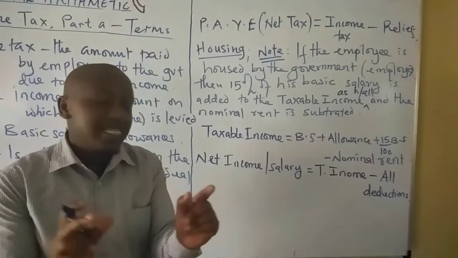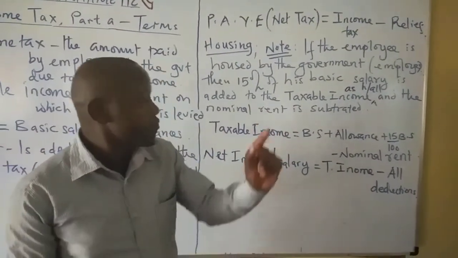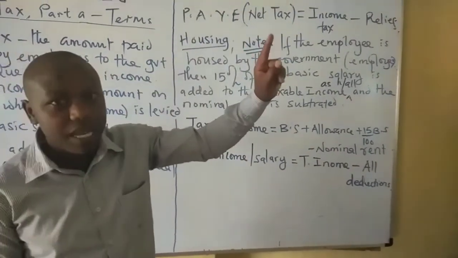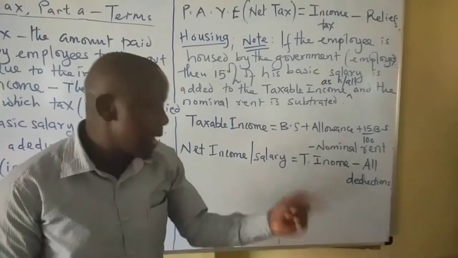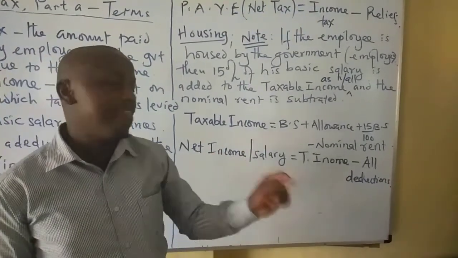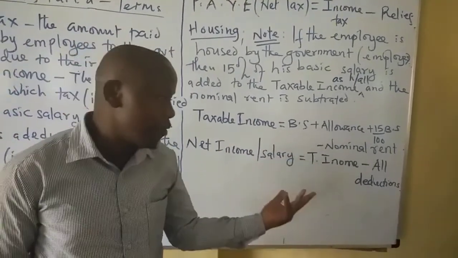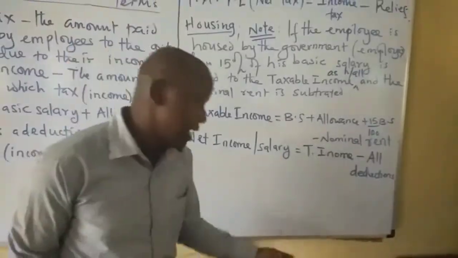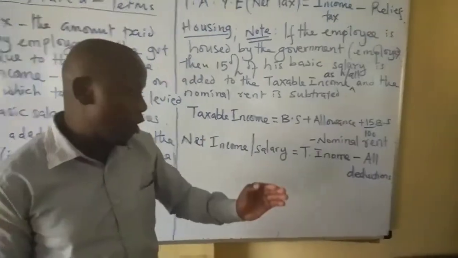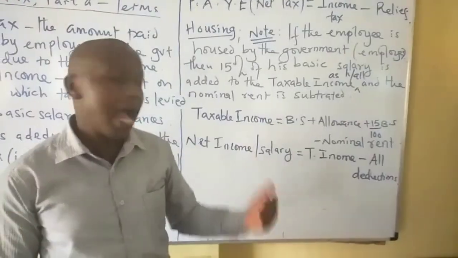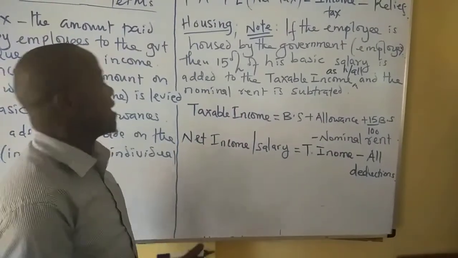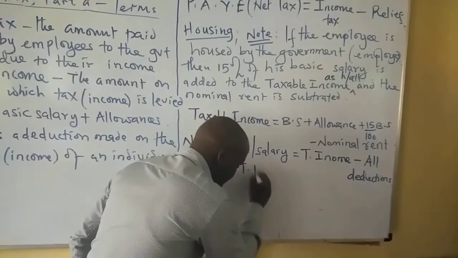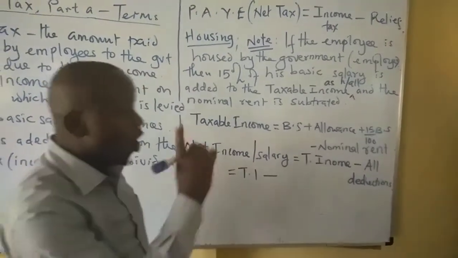Apart from someone paying the payee, which is the tax by the government, he might be paying other things at the end of the month, like, for example, servicing a loan or paying premiums to an insurance company and other several payments. Therefore, we are saying the net salary of an individual is gotten by taxable income minus all deductions.